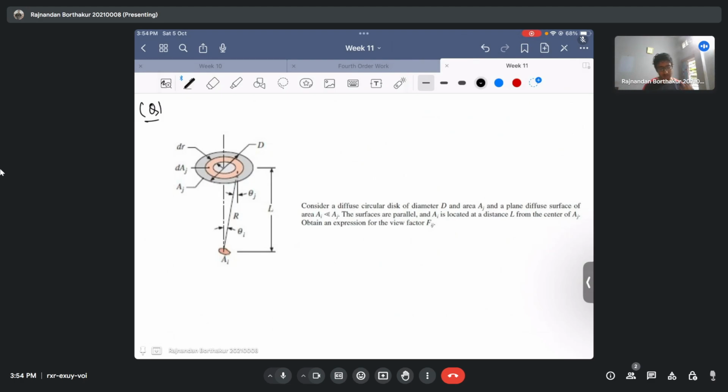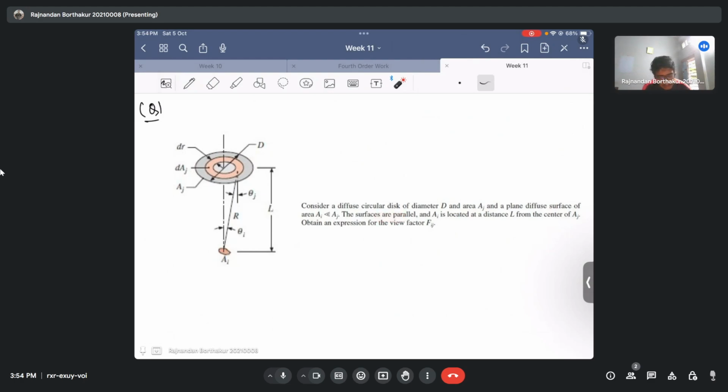So I hope you can see the problem on your screen. It says to consider a diffuse circular disk of diameter d and area Aj, which means there is a disk whose diameter is d and area is Aj, which is responsible for emitting radiation. And a plane diffuse surface Ai very much less than Aj, which means this Ai is a differential surface. The area of Ai is very small with respect to the area of Aj, and the surfaces are parallel.